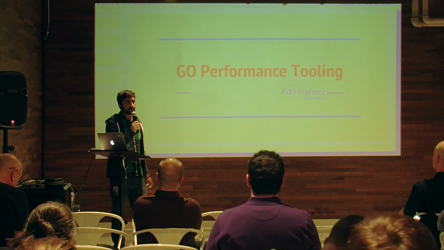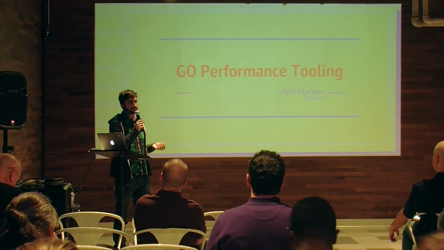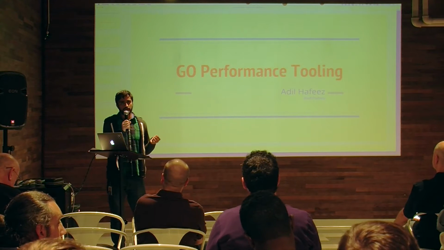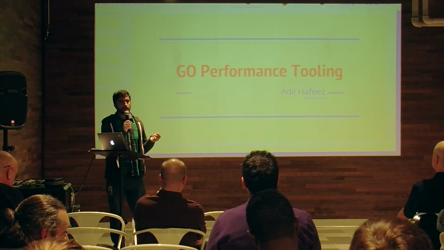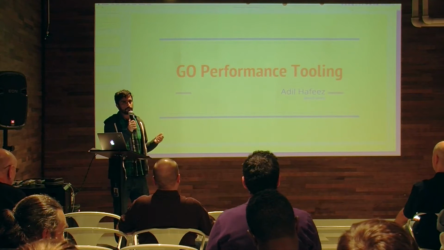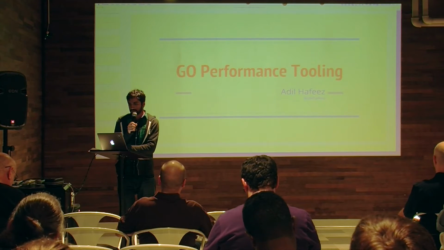And then I'm going to dive into a live session where I'm going to take one program. I'm going to show you how you can debug, how you can find CPU or memory issues with that program, and how you can drill down and find what was causing that application to slow down.